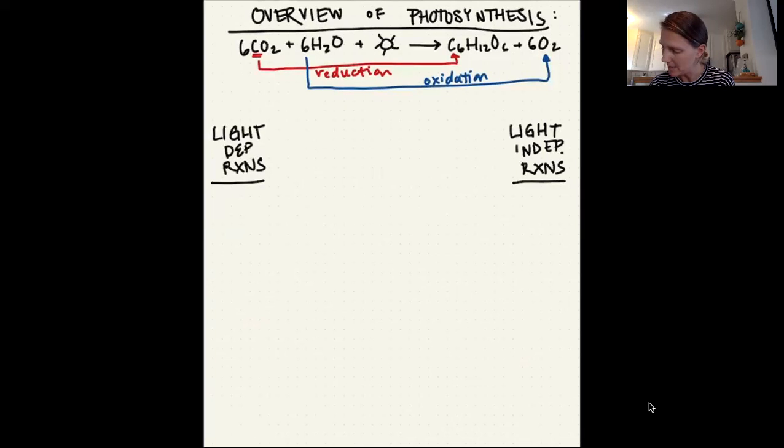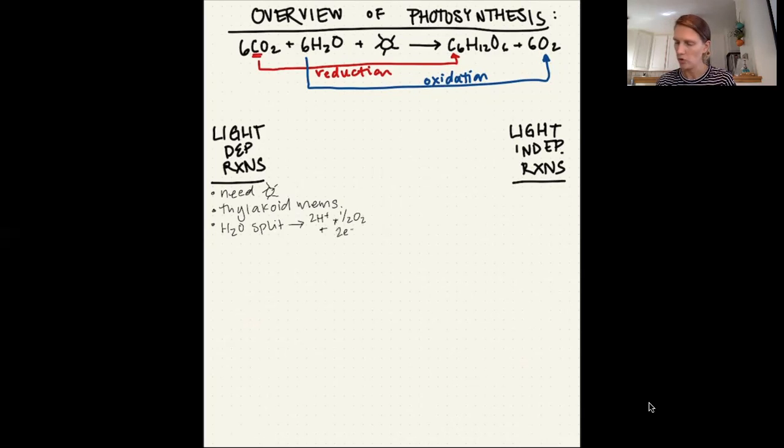So the light-dependent reactions obviously need sunlight, right? Hence light dependent. They're going to occur in the thylakoid membranes, right? We are going to see water split, and when water breaks down, you're going to get 2 protons, 1 oxygen atom, so half an O2, and you are going to also get 2 electrons, right?